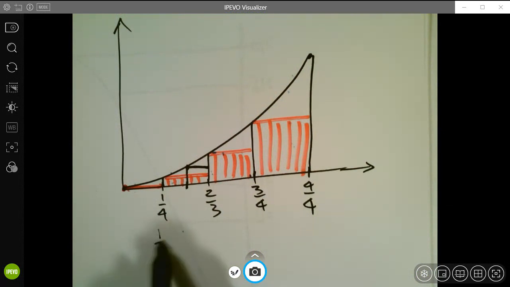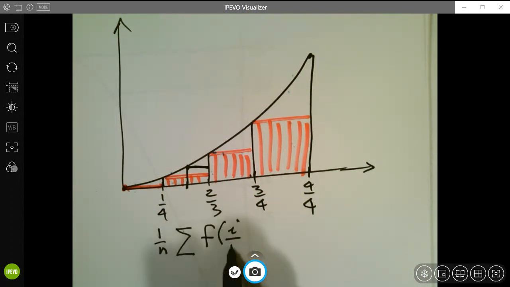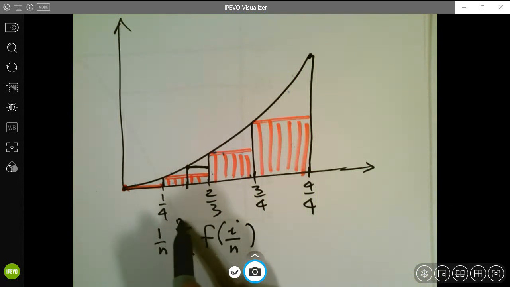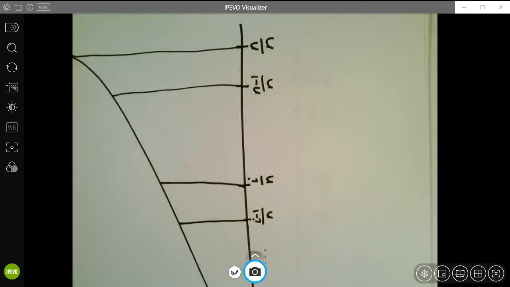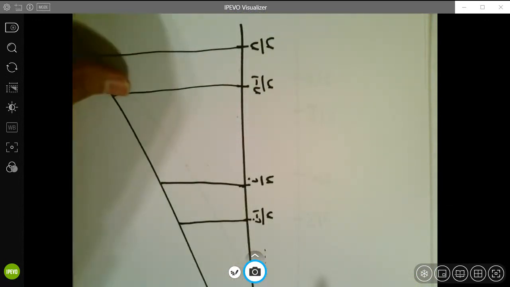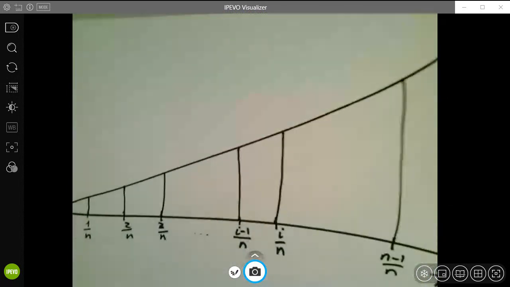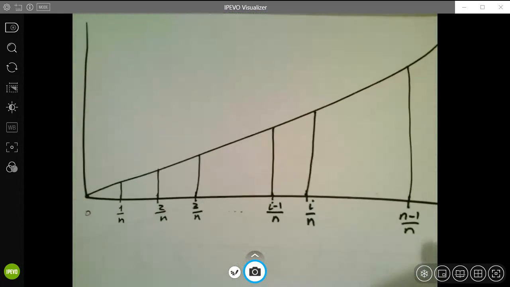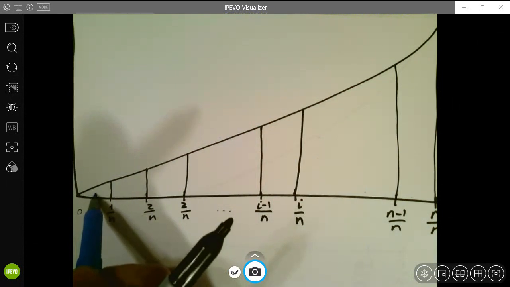This one will be 1 over n sum of i over n, but you will go all the way to n minus 1. That's the only difference. Okay, so in general, actually, if you want, you take the midpoint, it will be here. But in general, you can take any point here, any point in between. Doesn't matter.